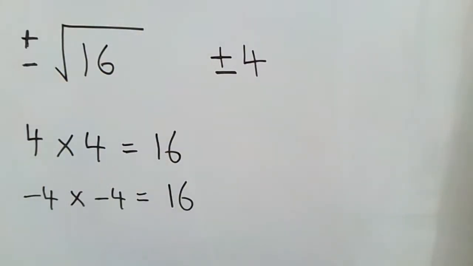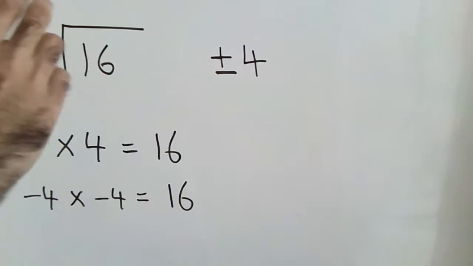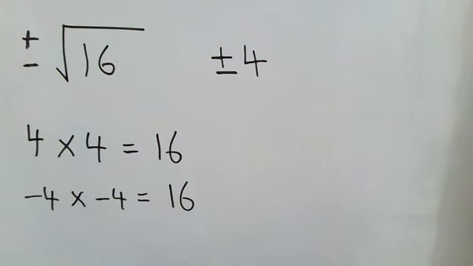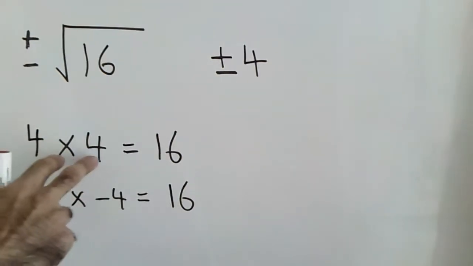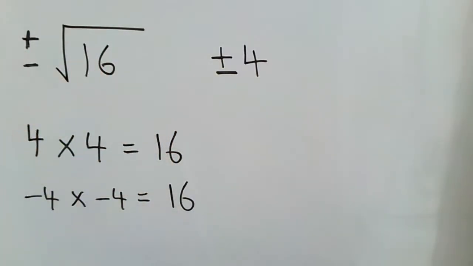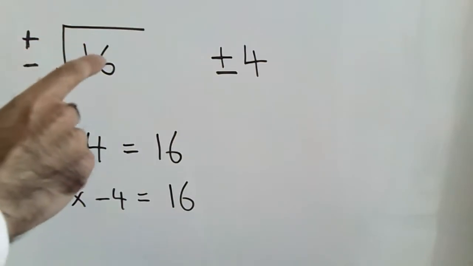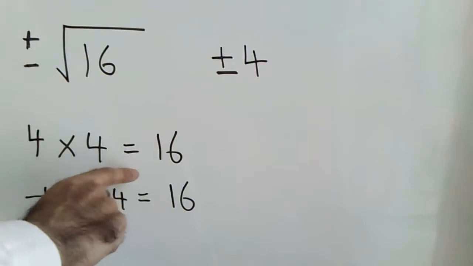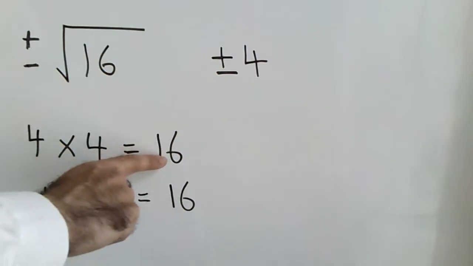Okay, to conclude this video, we're very quickly going to talk about square roots, and in particular this kind of notation, the positive and the negative notation. We know that the square root of 16 is 4. We'll go into square roots in a later video, but 4 times 4 is 16.